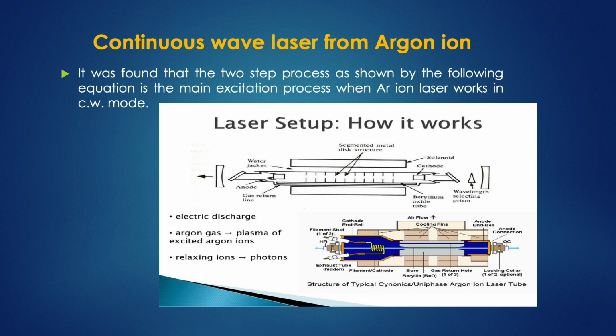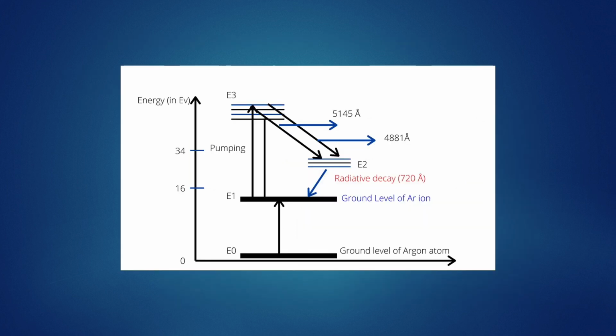Out of this, it is the argon ion which gets excited from one particular energy level to another particular energy level. The energy levels are shown here. These are the energy levels E0, E1, E3, all these represent the energy levels for the argon ion.